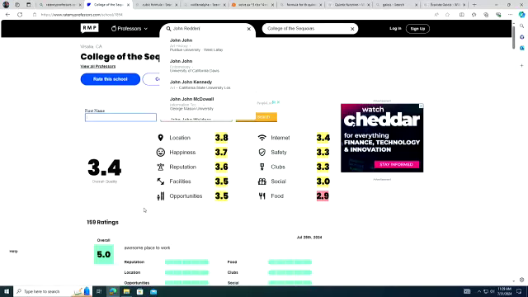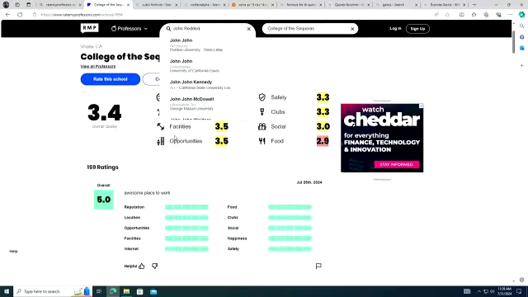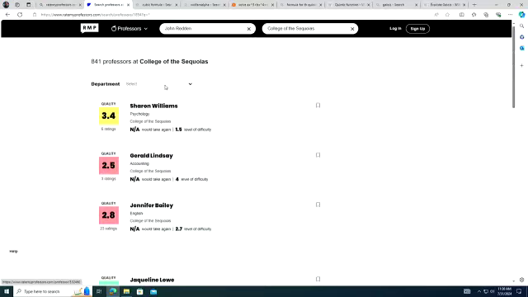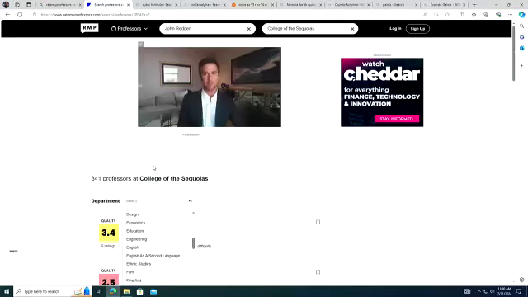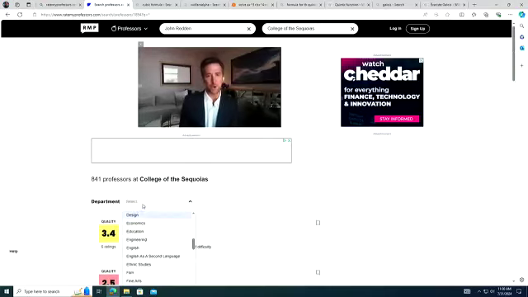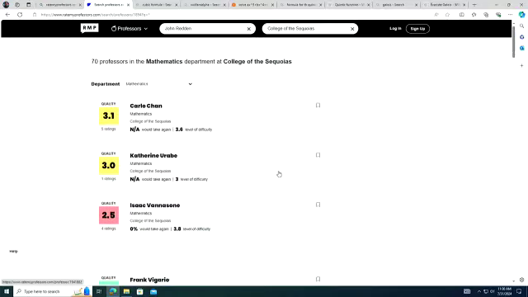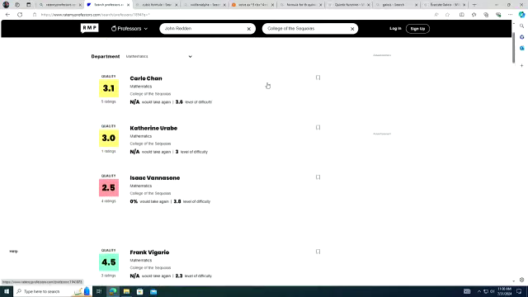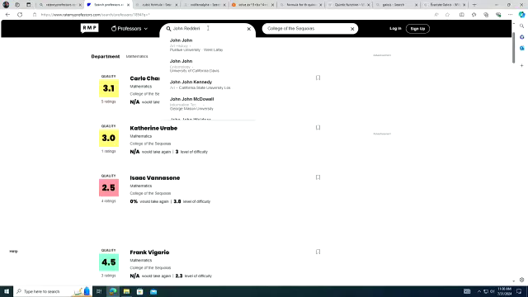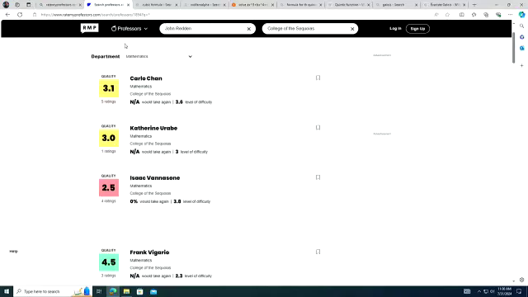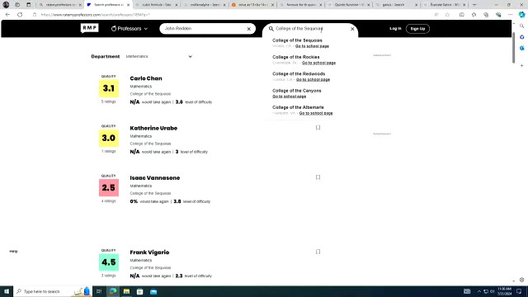Go to the page, if you click on the name itself. Yeah, Mr. Jones is not using it. They're not in order here. If you go back to where it says College of the Sequoias, click on the name itself.